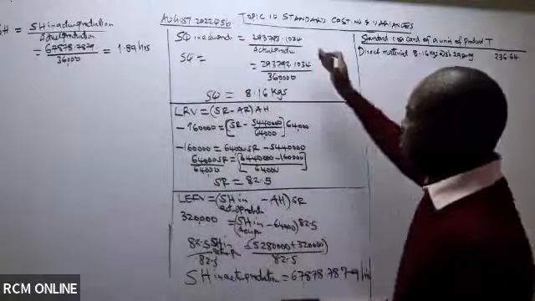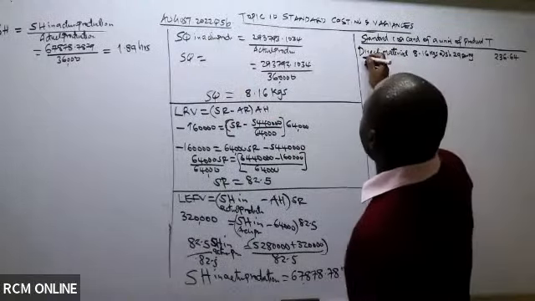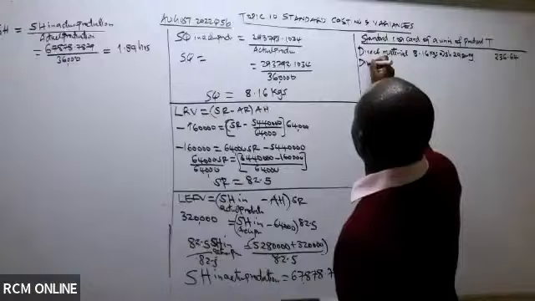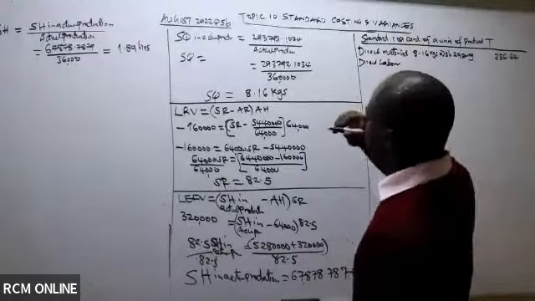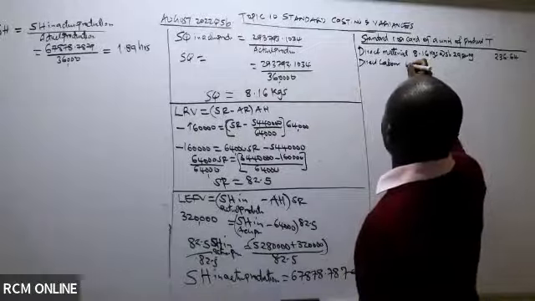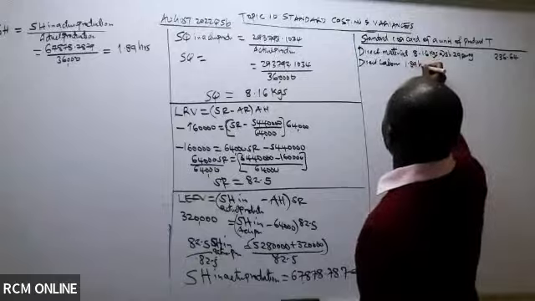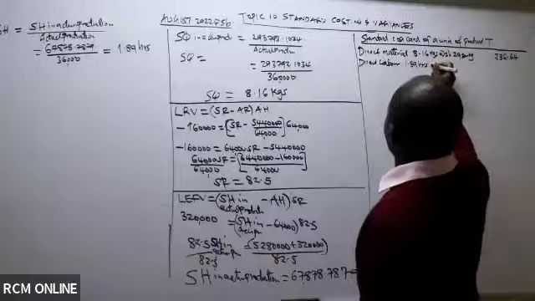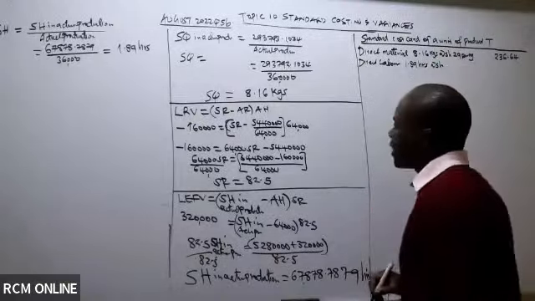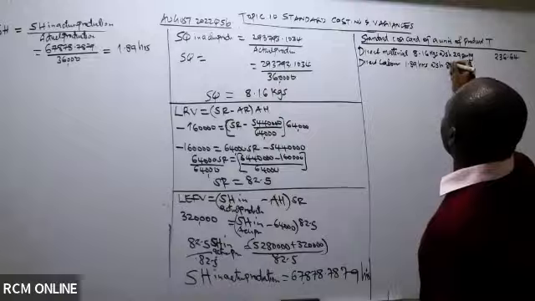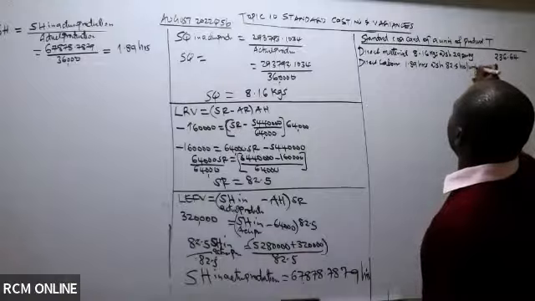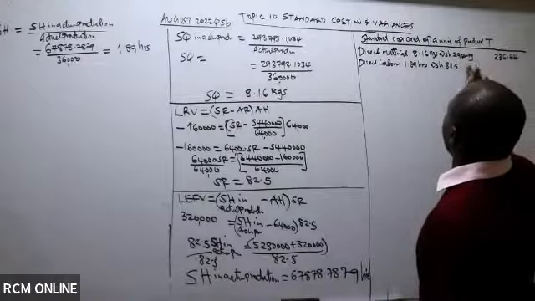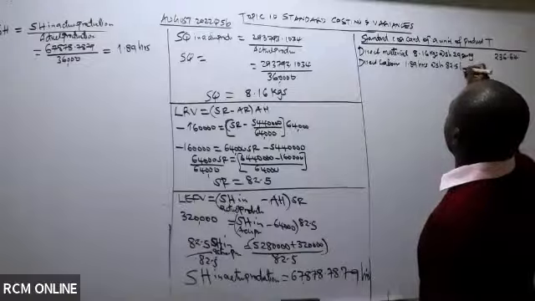So if I have to come up with a standard cost for direct labor, it will be 1.89 hours at the rate of 82.5 shillings per hour.